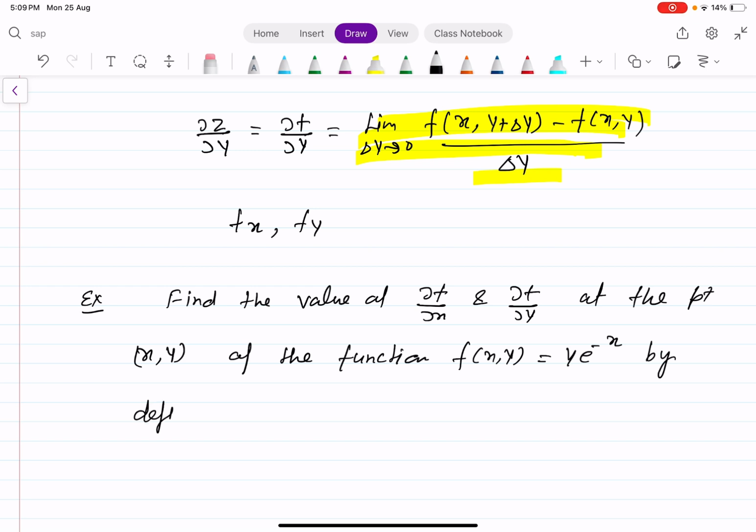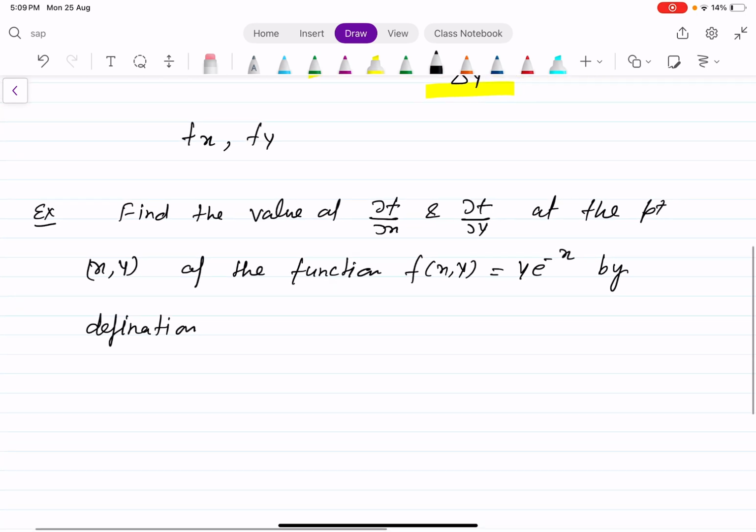So we have to compute del f over del x and del f over del y at some point (x, y) of this function, f(x, y) equal to y e raised to power minus x.